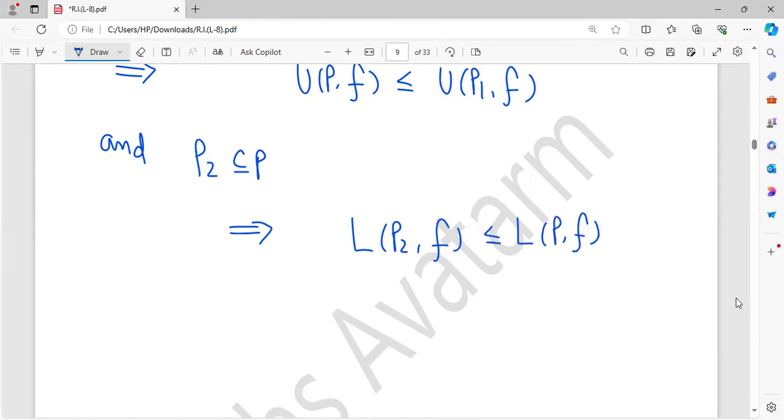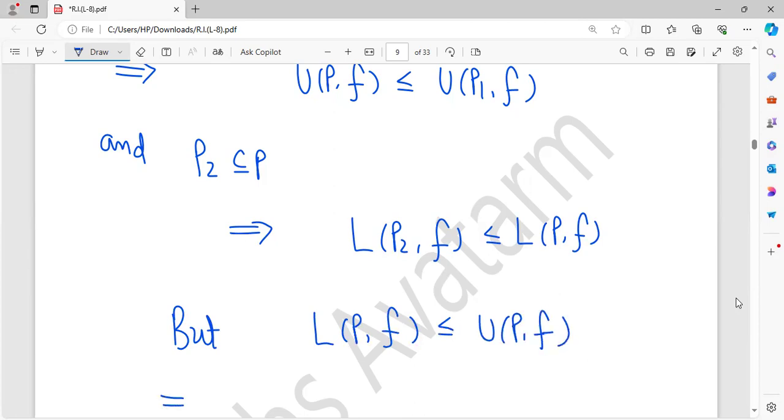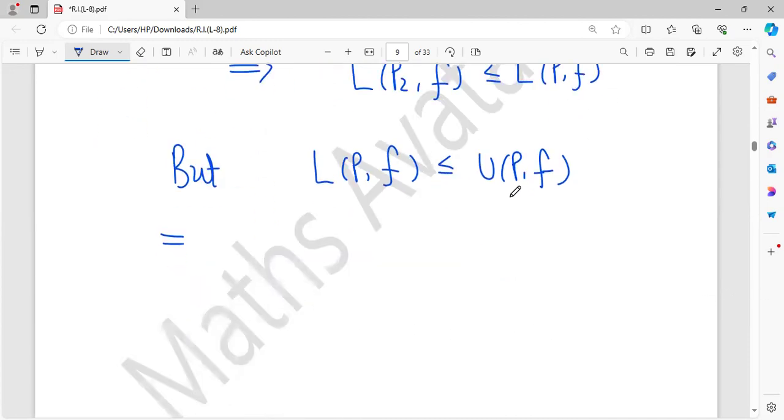But L(P, f) is always less than U(P, f). So this implies L(P, f) is less than U(P, f) always.